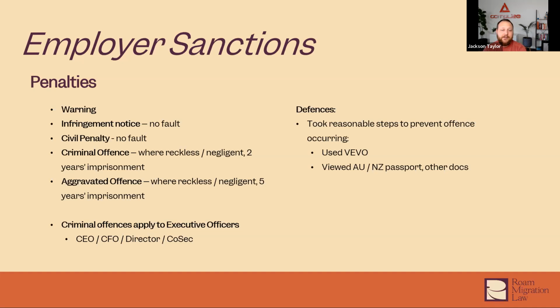Now, interestingly, this doesn't capture everything. What I mean by that is it is possible for a permanent resident or a New Zealand citizen to lose their visa, but the legislation essentially removes that responsibility from the employer. Once someone becomes a permanent resident under the laws, you don't have to continue to check that they have the right visa.